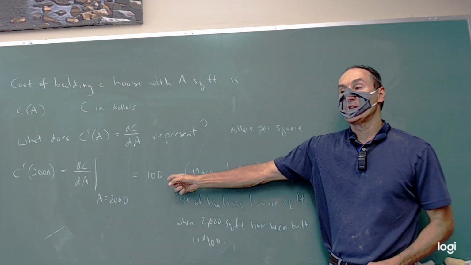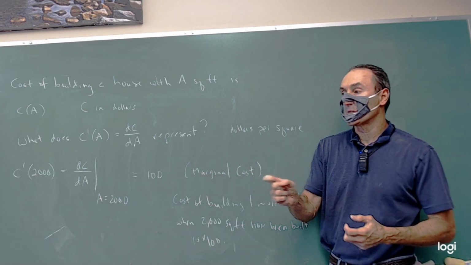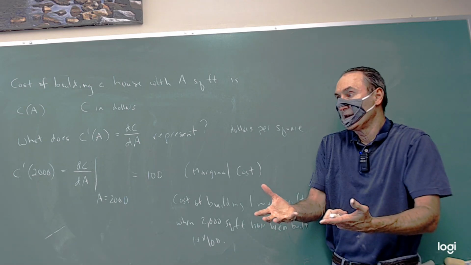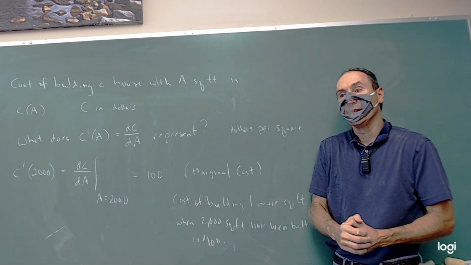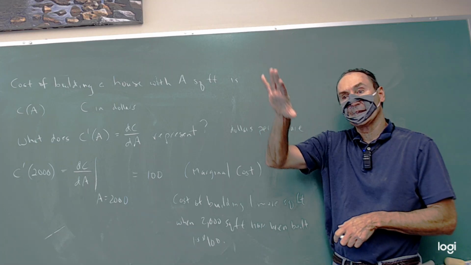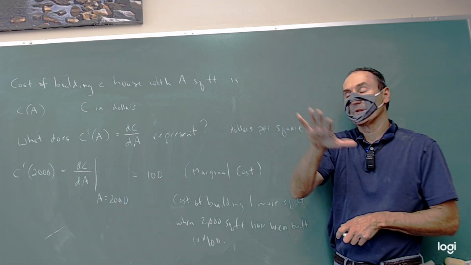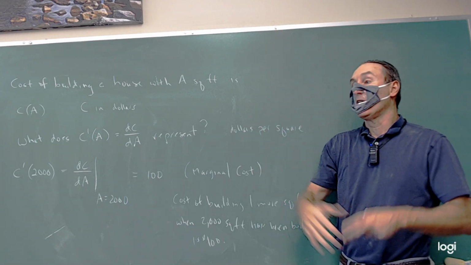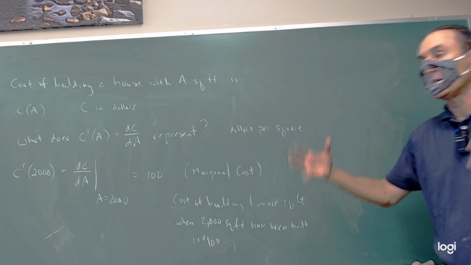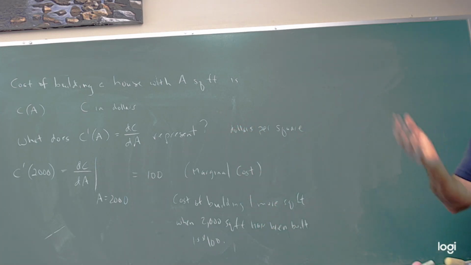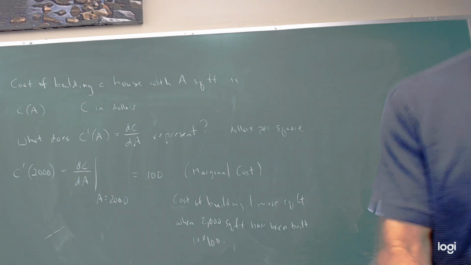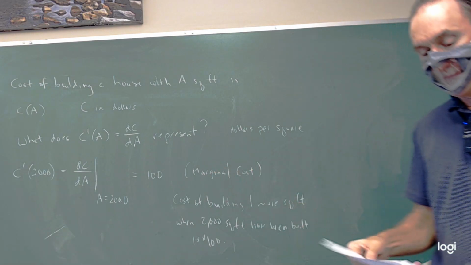So the rate of change of the cost per square foot is changing. It's a function of the square feet. It would be big, and then we expect it to go down. It would decrease as you add more. And if you've already built your palace of 10,000 square feet, adding another square foot is not going to cost all that much because you've already made the big investment.